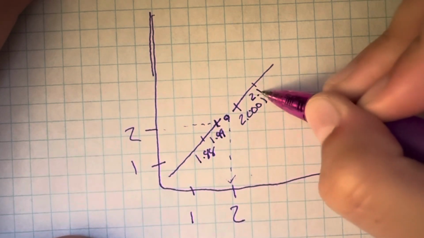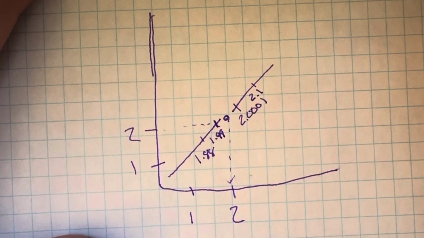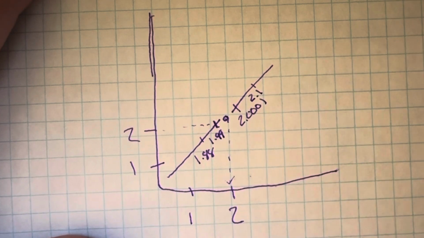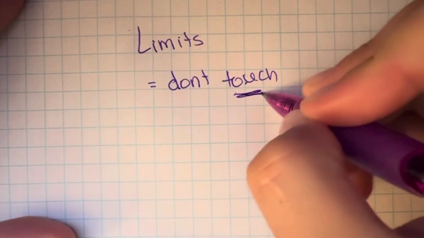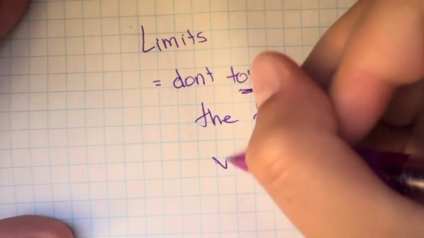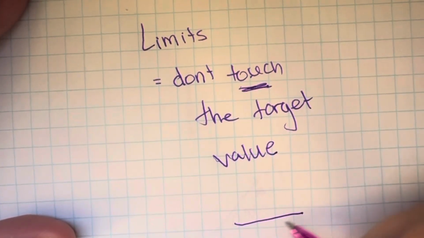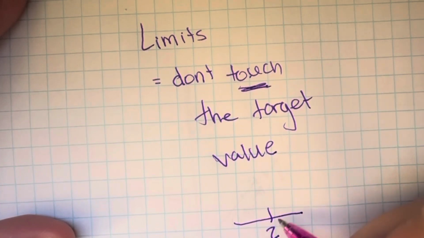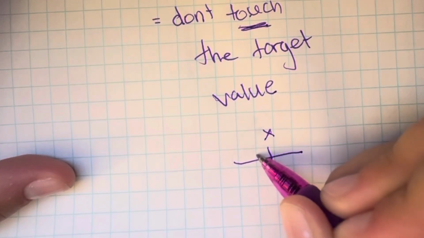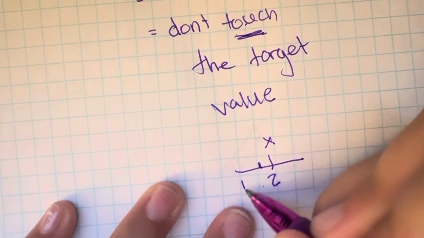This can be with a bunch of decimal points or maybe even just one decimal point. And lastly, just to reiterate, we don't touch the target value, right? With the limits, we have numbers that get very close to it, but never really touch the target value.